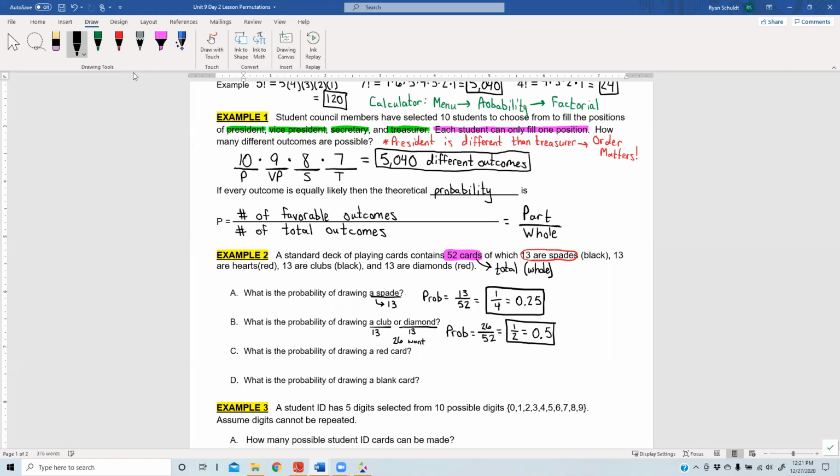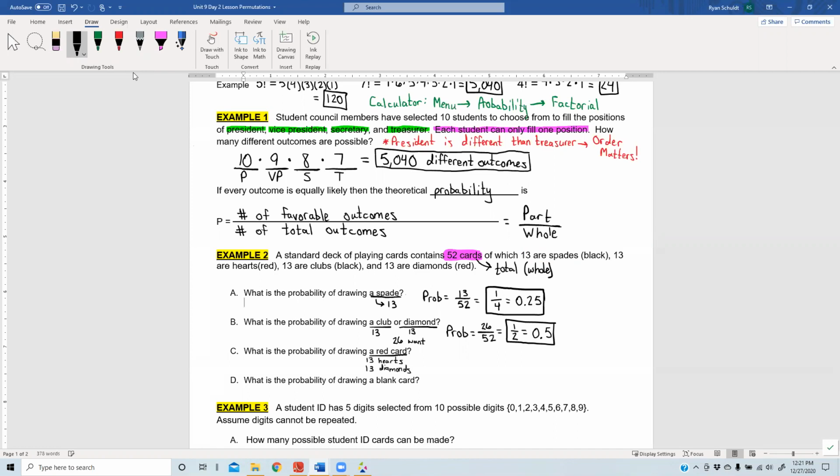Now they ask us, what's the probability of drawing a red card? Well, which suits are red? And if you don't know, it tells you. Hearts are red, and there's 13 hearts. What else are red? Diamonds, and there's 13 of those.